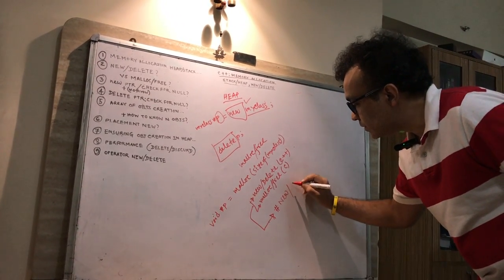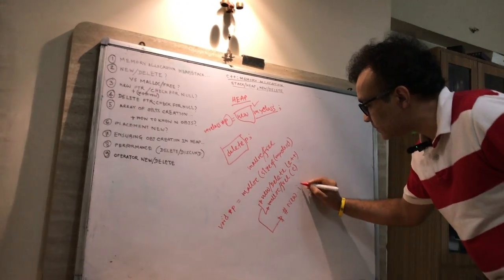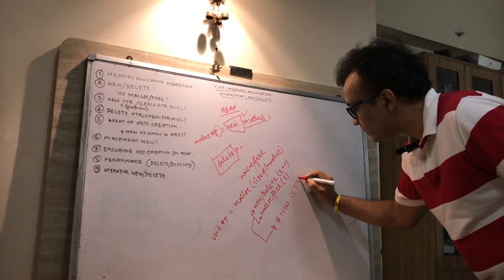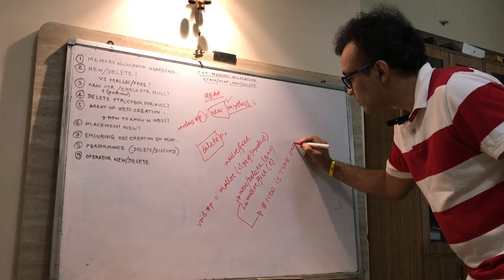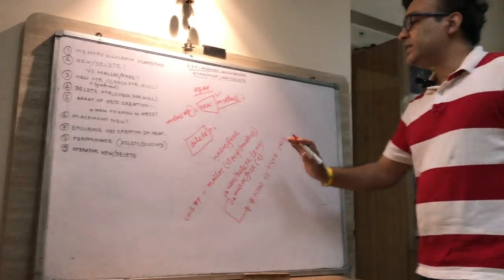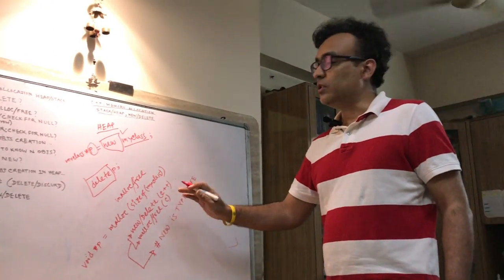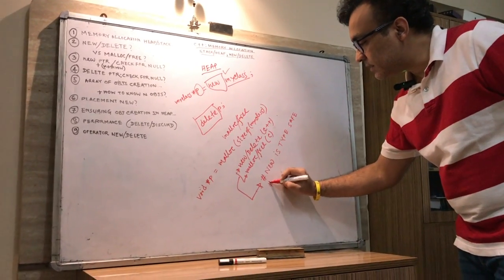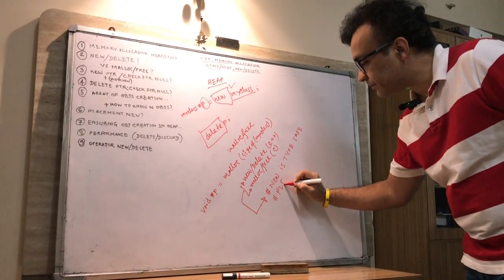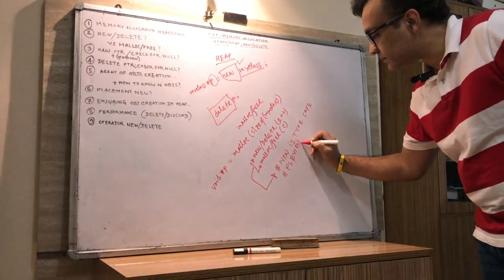New is type safe. That means it does not return any void pointer, but it returns a pointer of the class itself. And the second thing is flexibility.